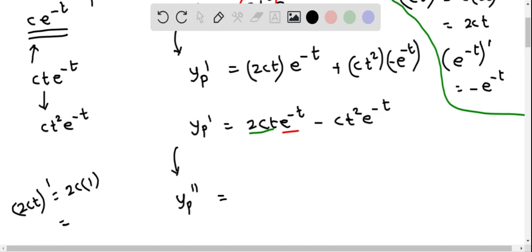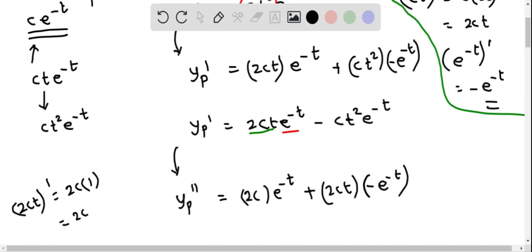So I put 2c and then multiply with the second expression, that is e raised to the power of negative t. Then I consider plus 2ct, that is I keep the first expression as it is, multiply with the derivative of e power negative t. We already figured out that the derivative of e power negative t is negative e power negative t.